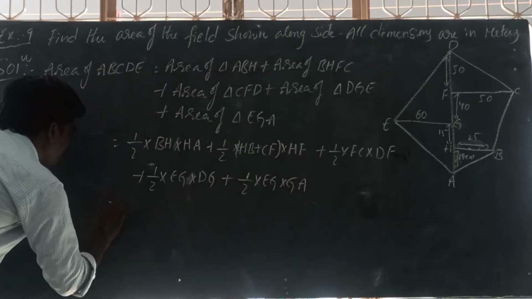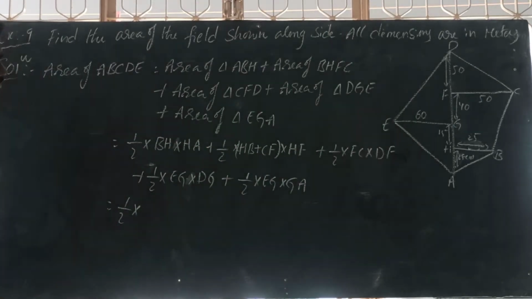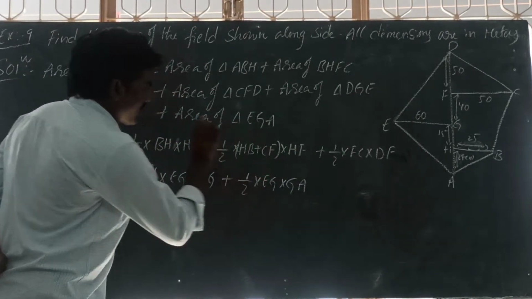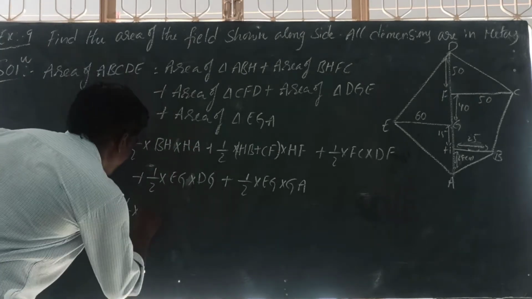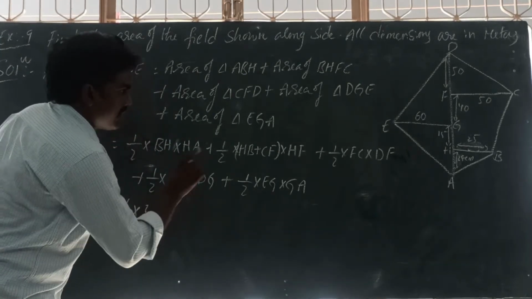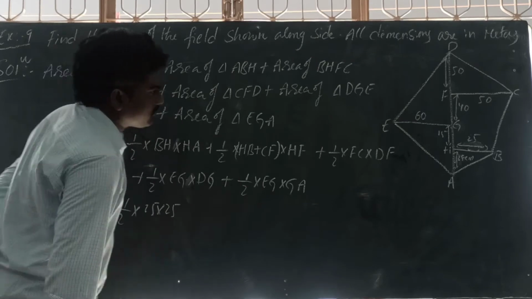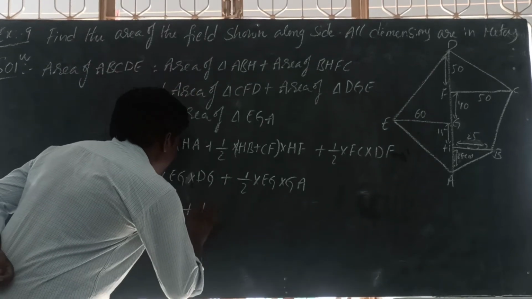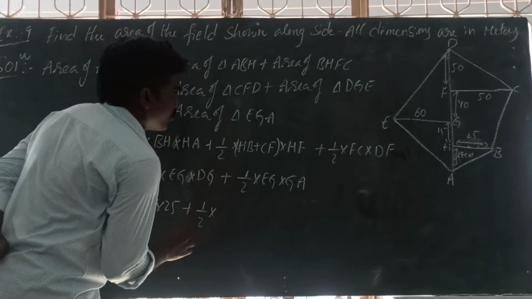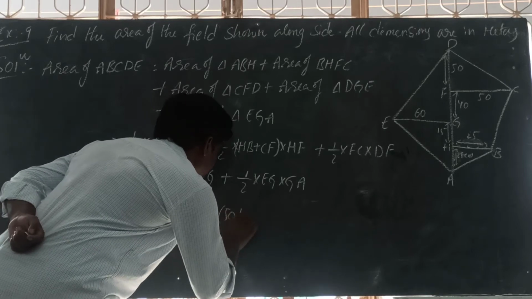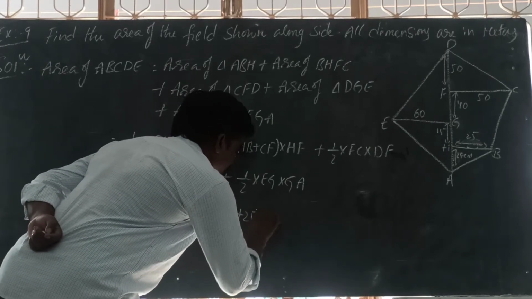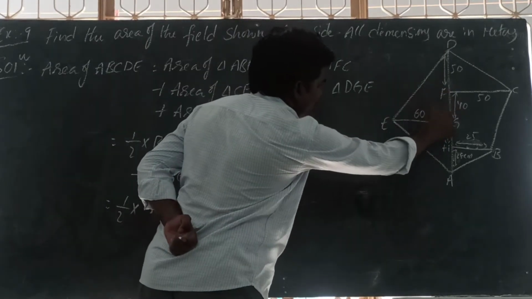So that is equal to half into base BH 25 into HA 25, plus half into sum of two parallel sides 50 plus 25 into height FH.